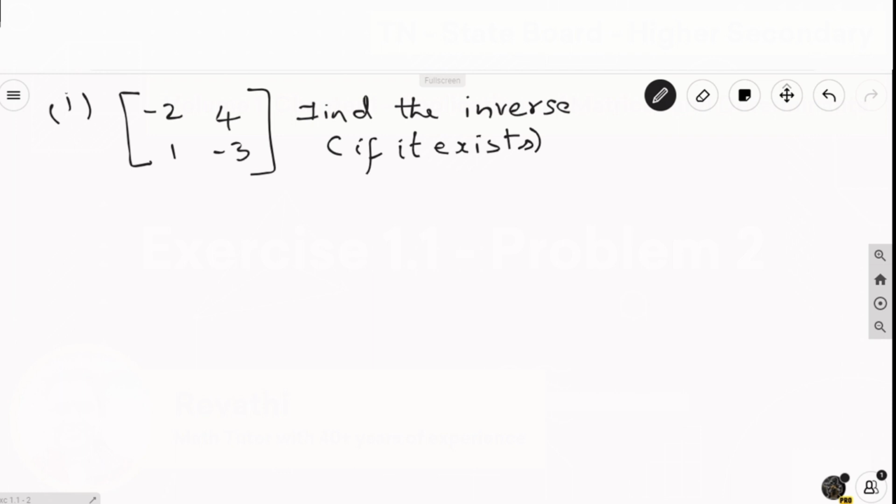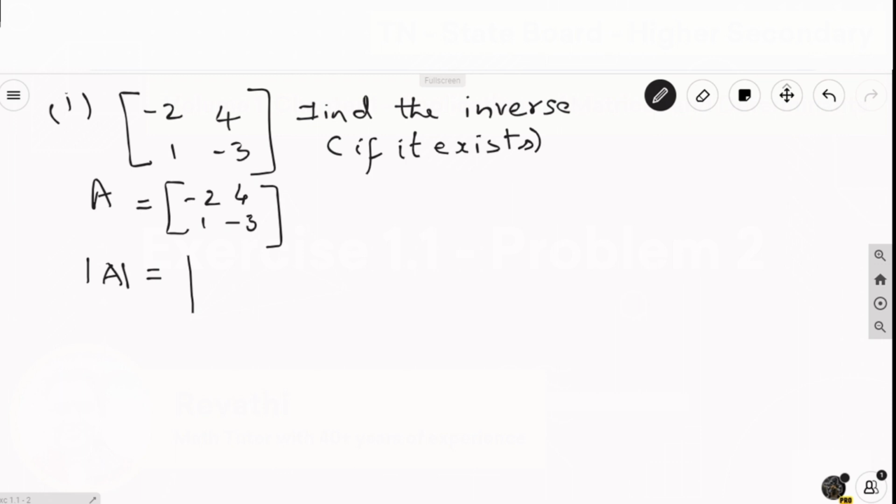What is singular, non-singular? If the determinant value of the matrix is equal to 0, it is singular; not equal to 0 means non-singular. Let's see, A is equal to the matrix. Now the determinant value should be tested.